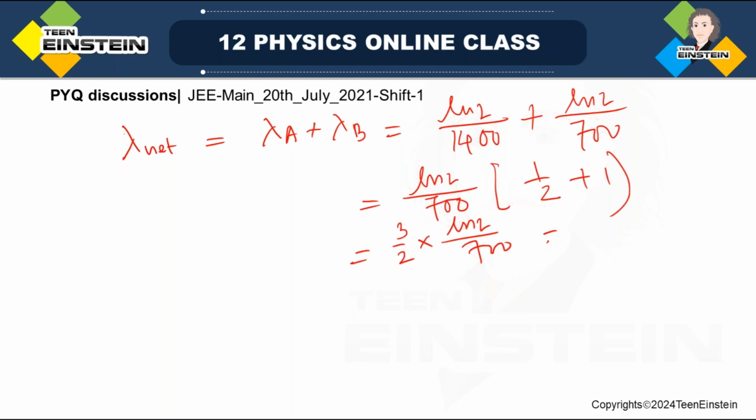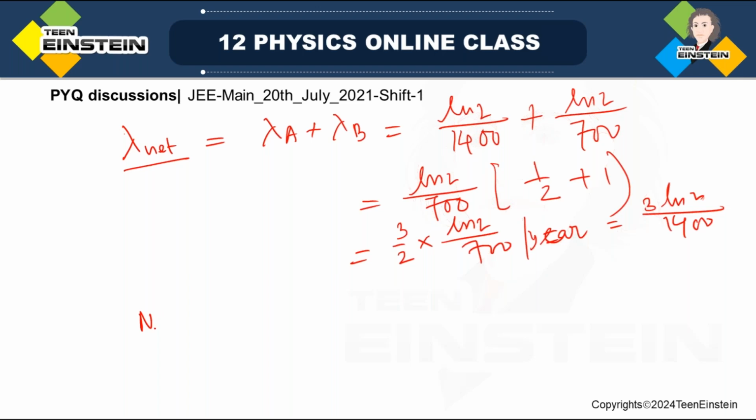This is the net disintegration constant, per year in unit, which can be written as 3 ln2 divided by 1400.